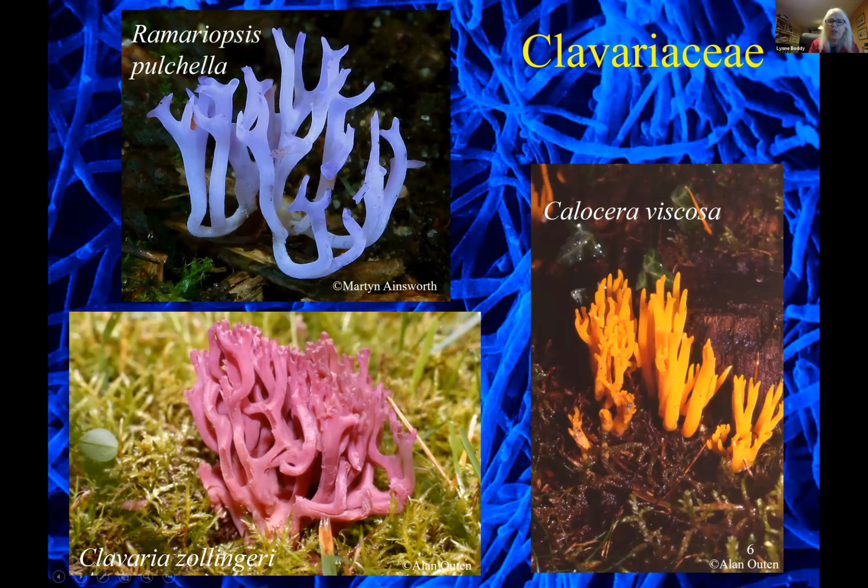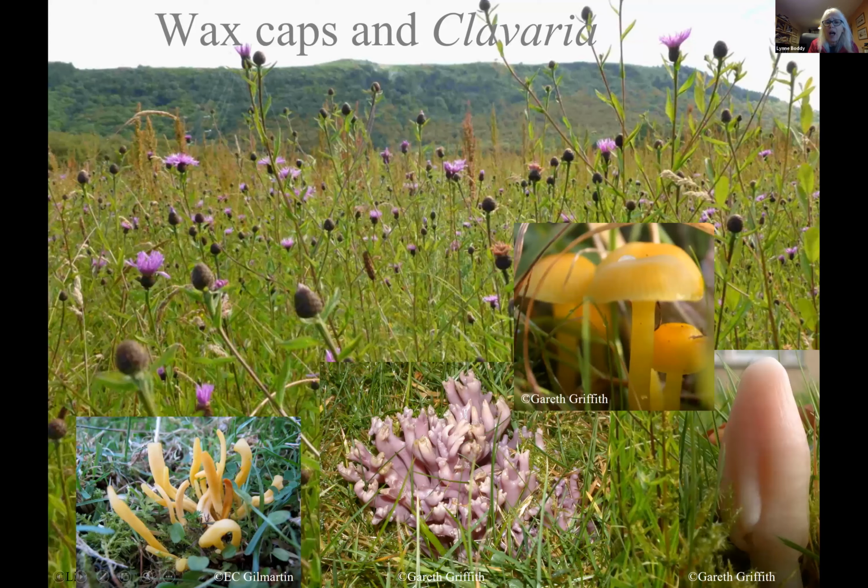And here we can see similar things in a flower-rich hay meadow. These are our wax caps fungi here, and these are other fungi such as earth tongues, which you only find in these pristine habitats.